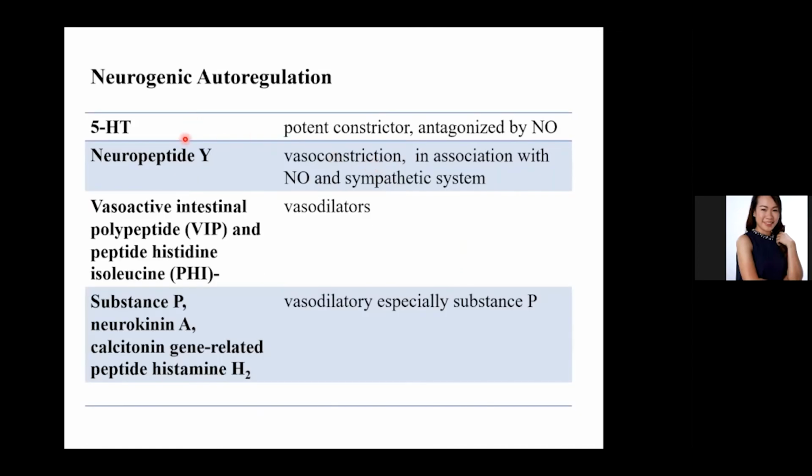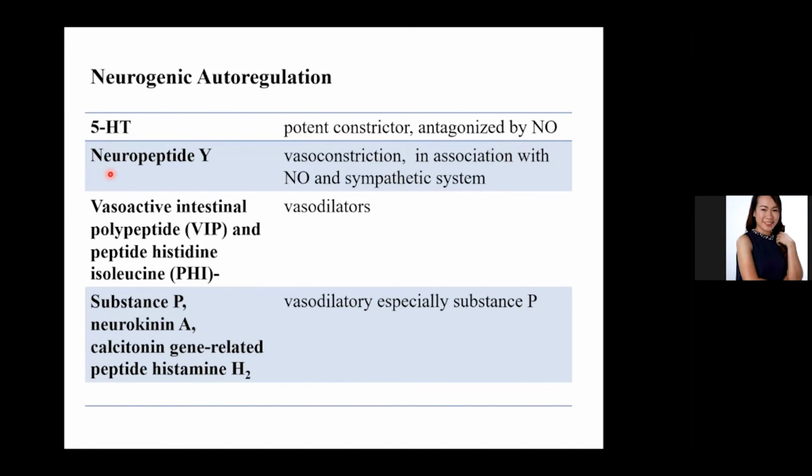Here we can see the different neurotransmitters that are important for neurogenic autoregulation. So 5-HT stands for 5-hydroxytryptamine, or your serotonin. It is a potent constrictor, and it is antagonized by nitric oxide.